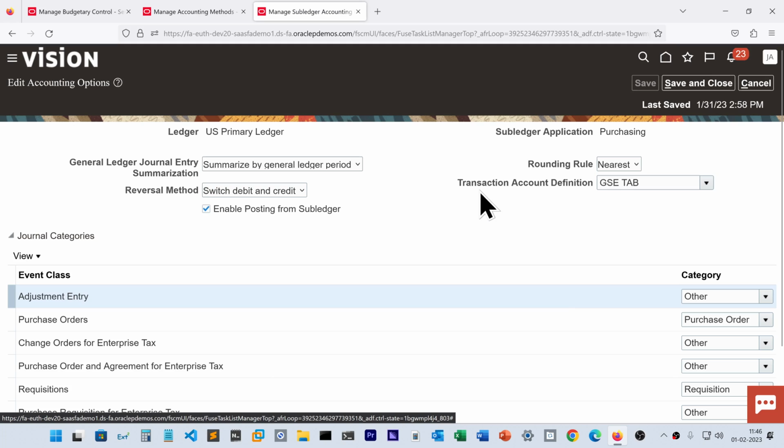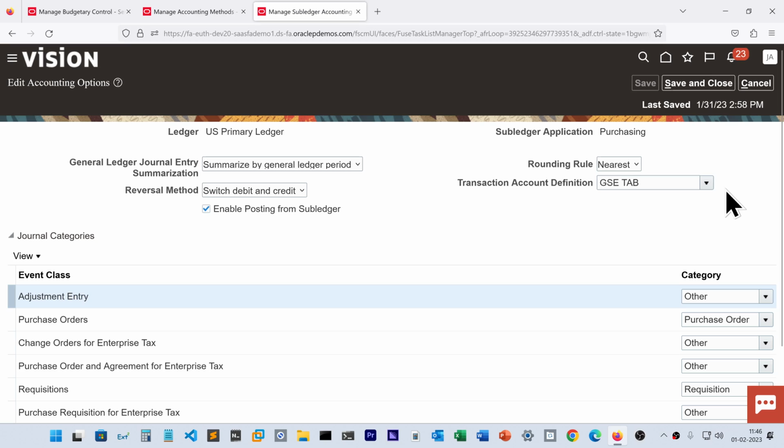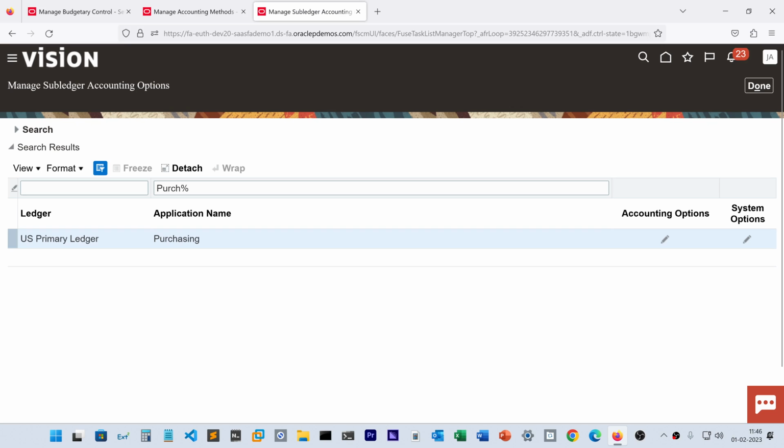You can see here there is a transaction account definition you can assign. So you can choose a transaction account definition here and just click save and close and click done.